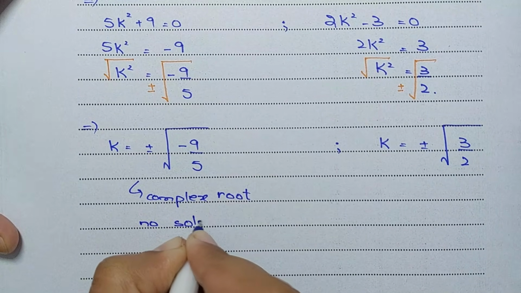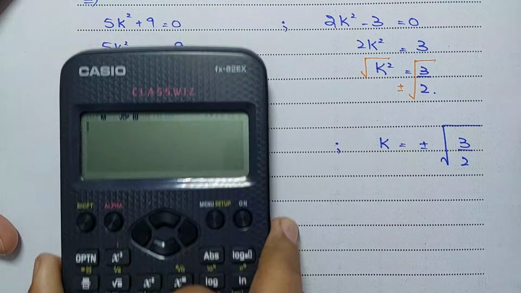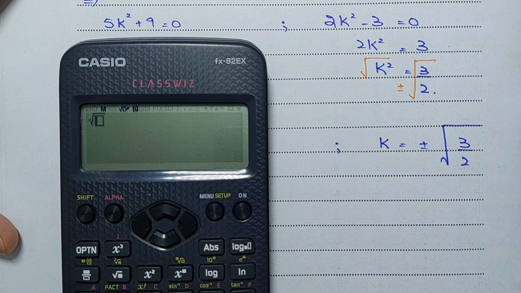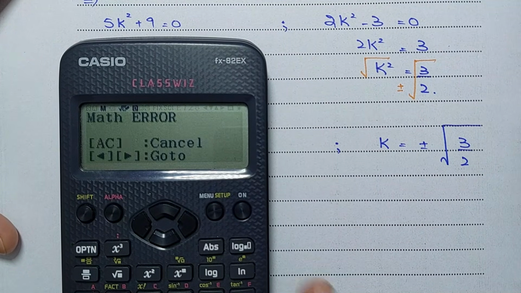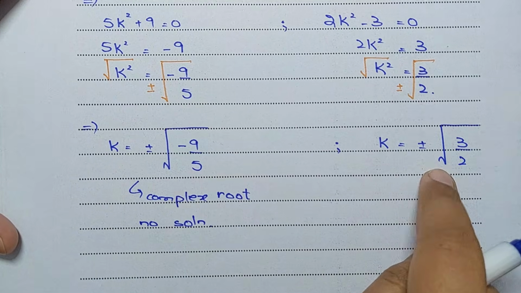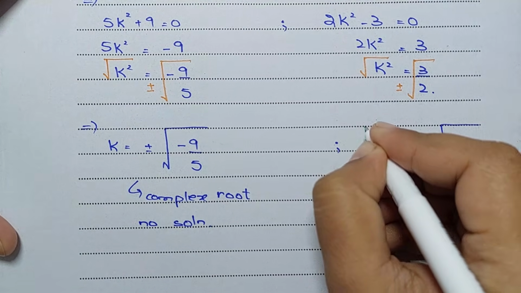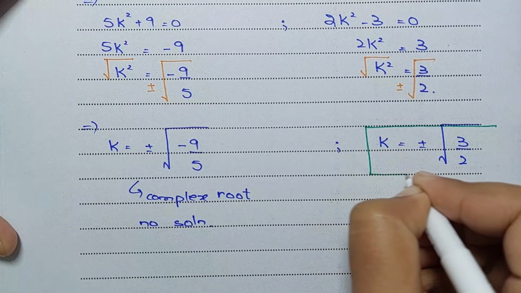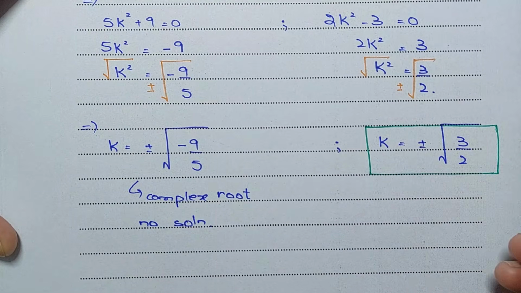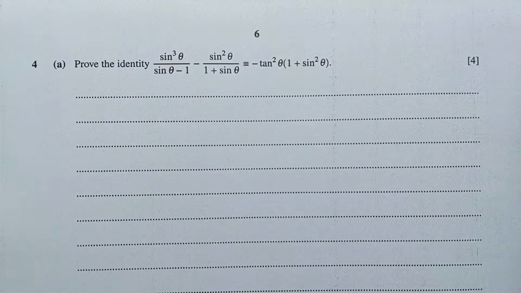You can also check from the calculator what the square root of minus 9 by 5 is. It's no solution. This is the only value of k, which is plus minus square root of 3 by 2 or 1.5. These are the two possible values of k.